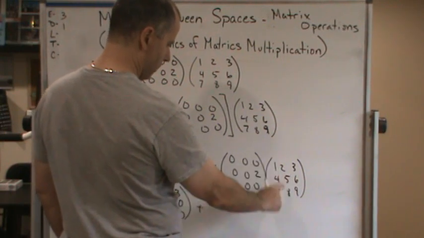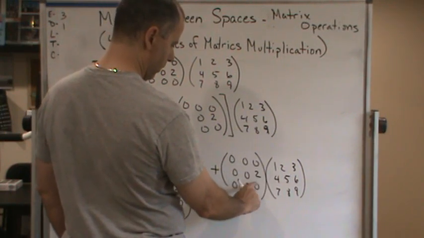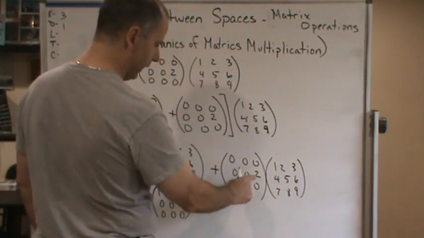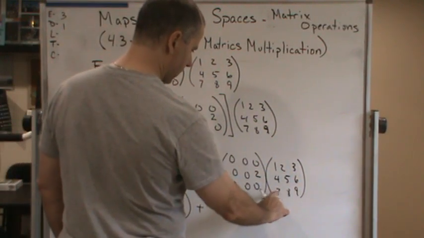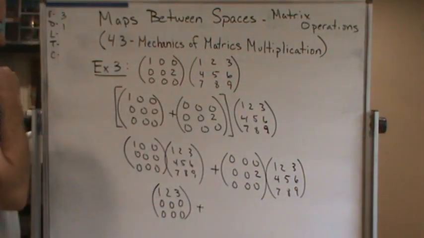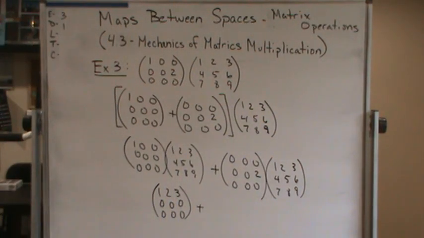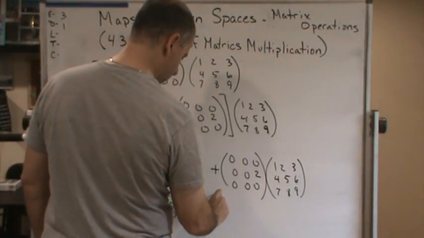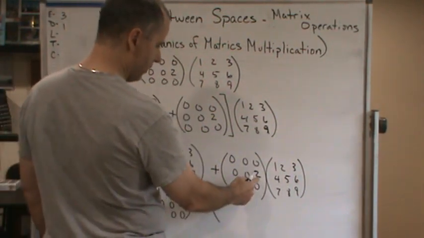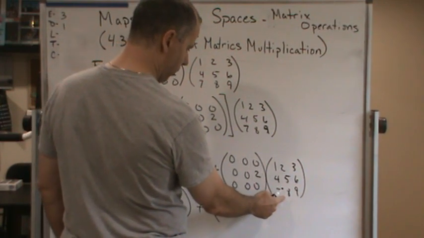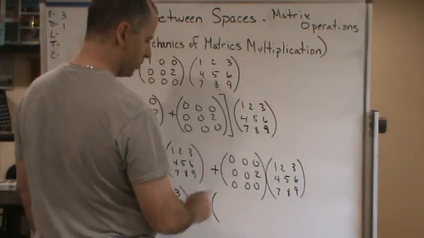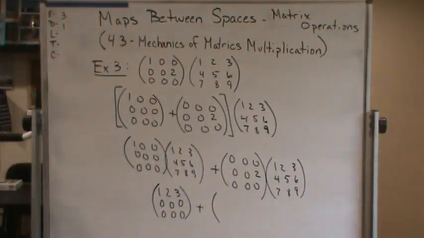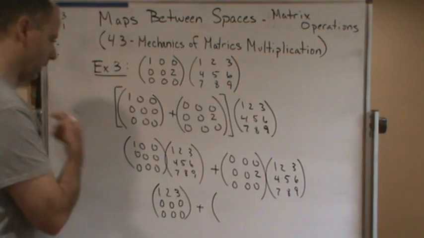And if I do the next column, 0, 0, 2 times 8. So what it does is, if it was a 1 here, it repeats the third column. But it repeats it in the second row. So this is in the third, so it's going to repeat the third row, but it's going to write it, excuse me, it's going to write it in the result of the product's second row, okay?